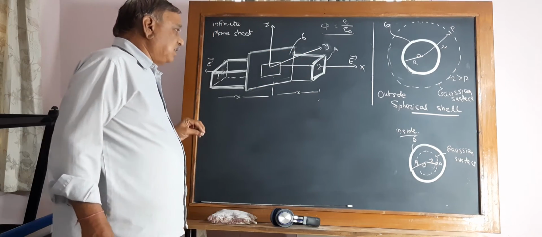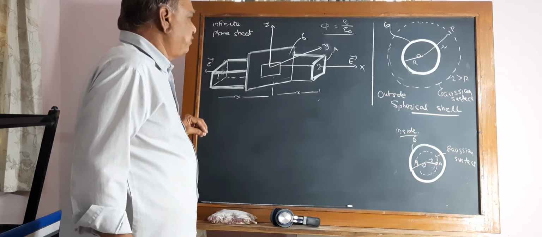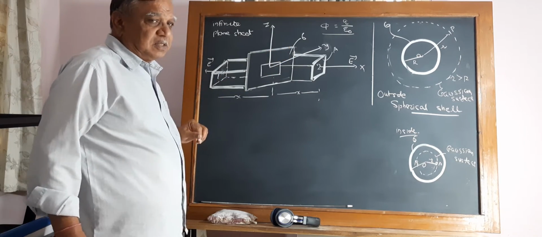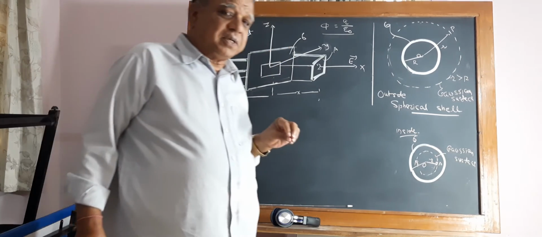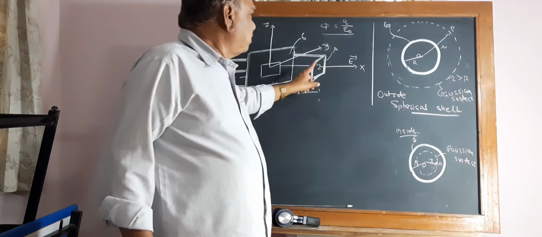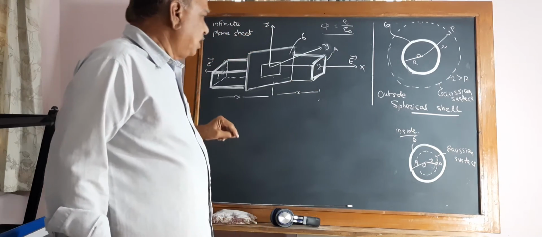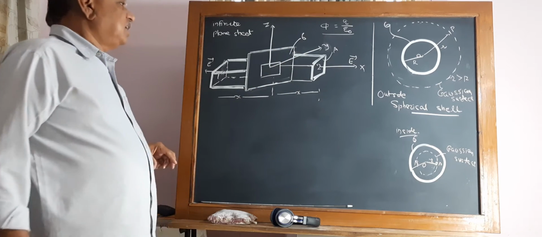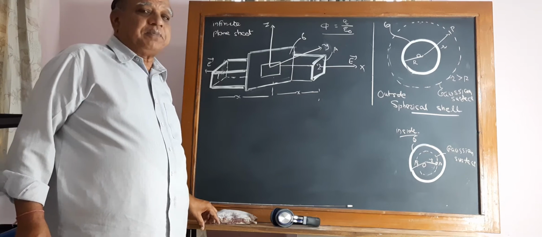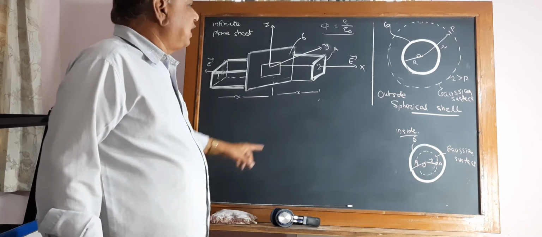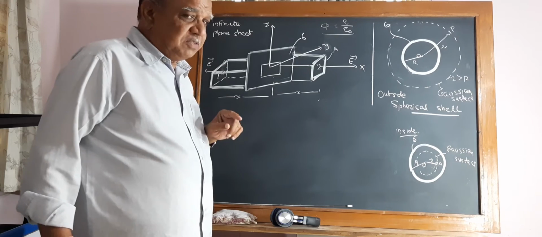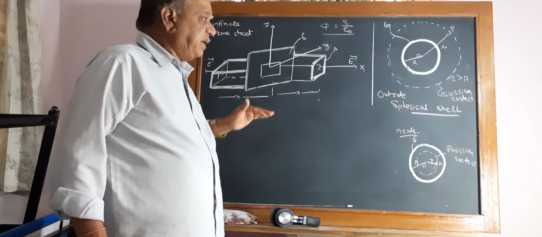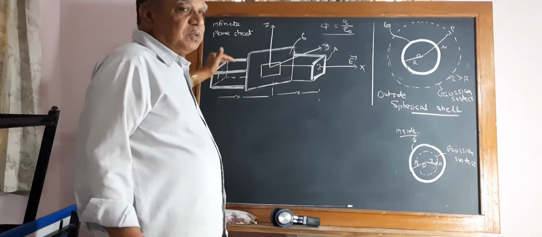Now to obtain the electric field, imagine a rectangular parallelepiped surface as the Gaussian surface of area A. As we have discussed, the field will be only along the x-axis, means field lines pass normal to the plane sheet.